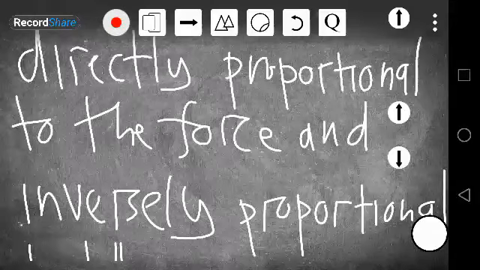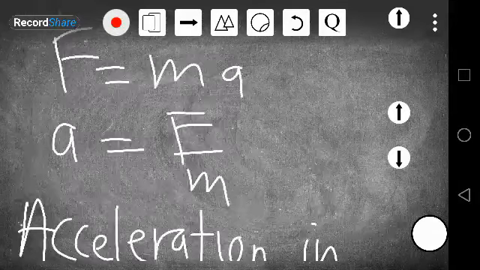Okay, this is what it says. So we can simply say, when a body is moving, the force applied is directly proportional to the acceleration.